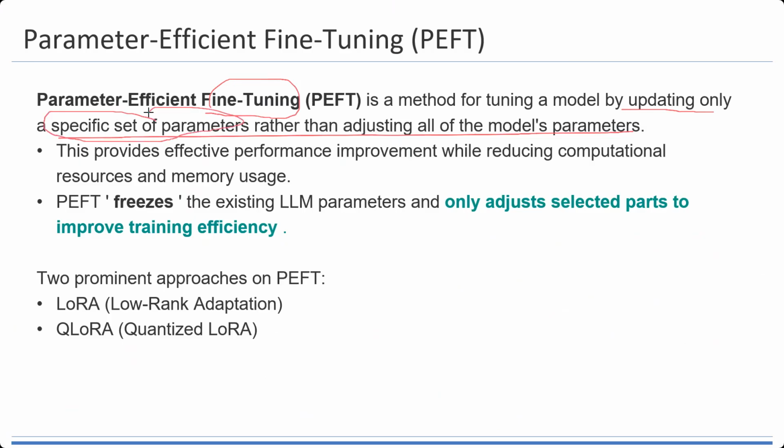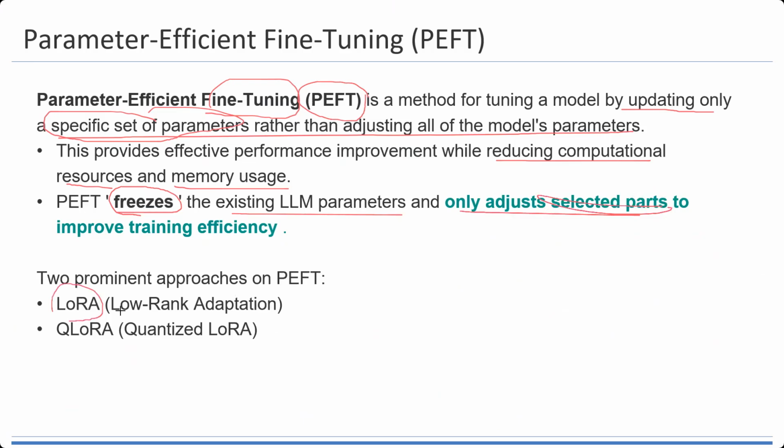Because it reduces the computational resources and the memory use. When you do full fine tuning, usually it takes long, so we can use PEFT. It means we will freeze, close the existing parameters, and only change the selected parts.